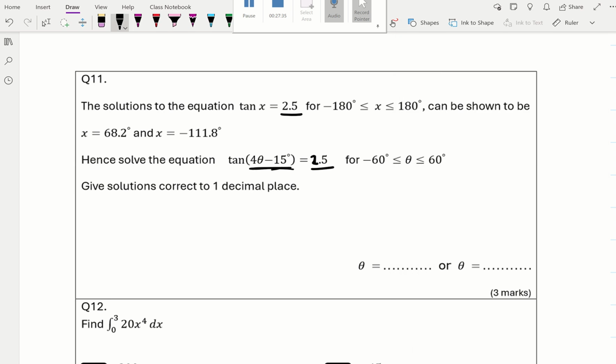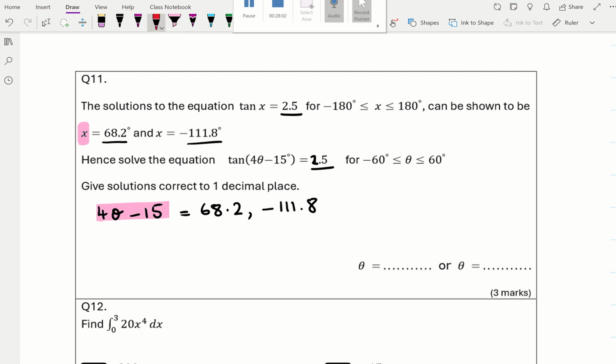This is a variation. What you need to do is simply 4 theta minus 15 equals exactly the same values for x, 68.2 and negative 111.8. So you're replacing x with 4 theta minus 15.